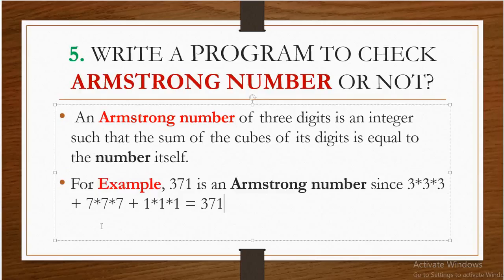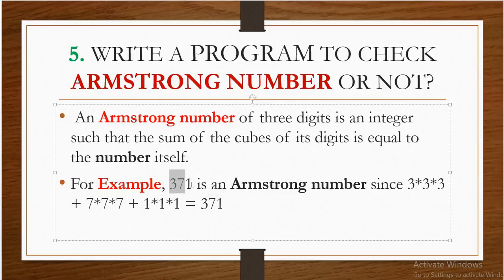For example, we have the number 371 of 3 digits. First we need to count the number of digits. Here there are 3 digits. Separate each digit: 3 into 3 into 3, 3 times because the count of digits is 3, and like this 7 into 7 into 7, and like this 1 is also 3 times.